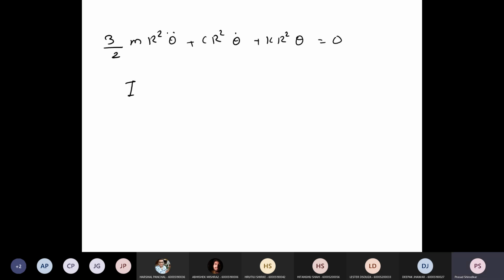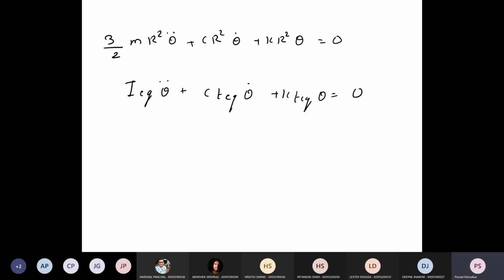So our standard equation is I equivalent into theta double dot plus C torsional equivalent into theta dot plus K torsional equivalent into theta, and this is equal to 0.